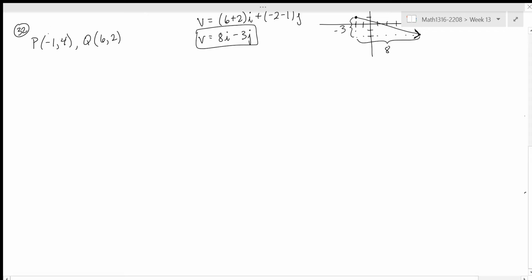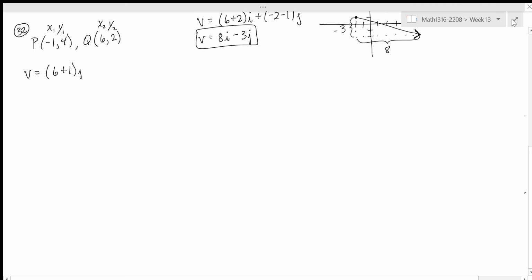All right, here we go. So P is the initial. Why? Because they said so. And Q is the terminal. That's where it stops. And then we want to find vector v in terms of i and j. So that's going to be x2 minus a negative.